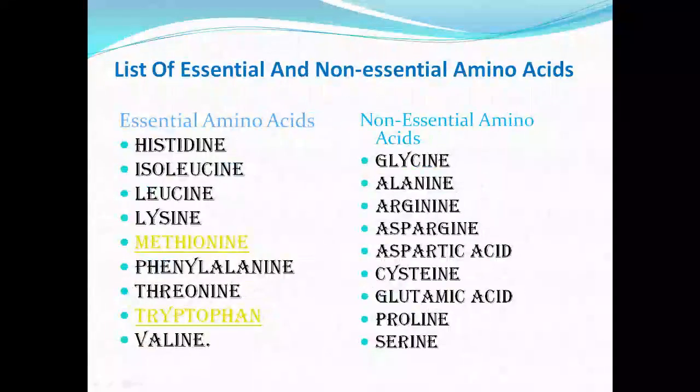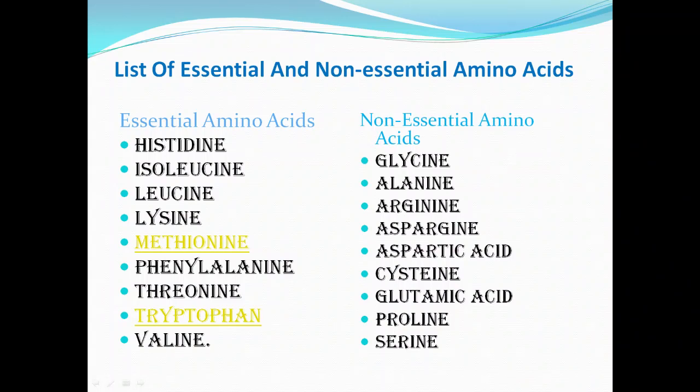List of essential and non-essential amino acids. What are these essential amino acids? Essential amino acids are the ones which are very important to the body. There are about 20 naturally occurring amino acids present in the human body.